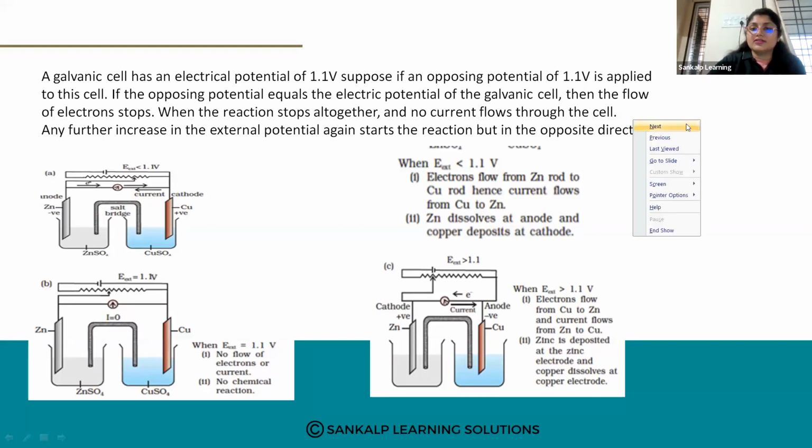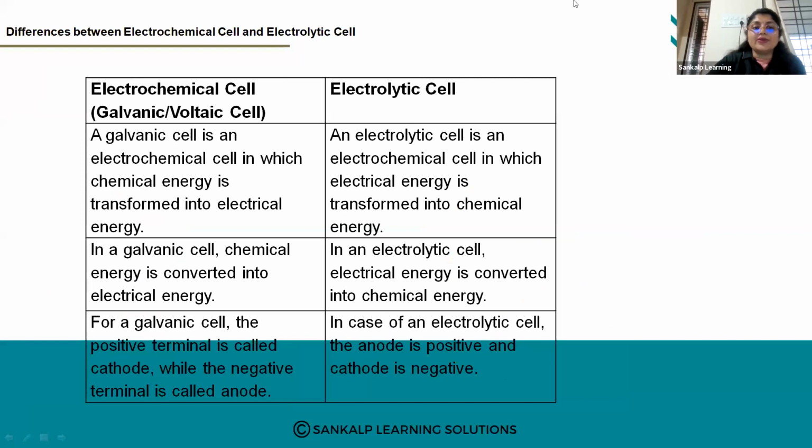Now we are going to discuss the differences between the galvanic cell and the electrolytic cell. The galvanic cell is also called the voltaic cell. What is a galvanic cell?